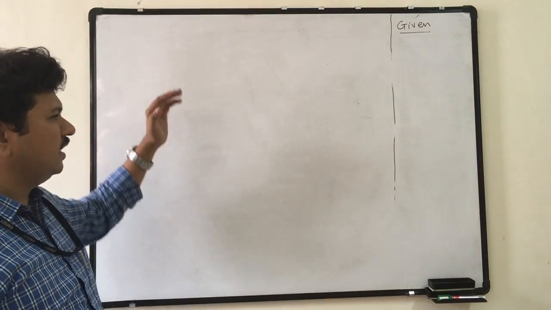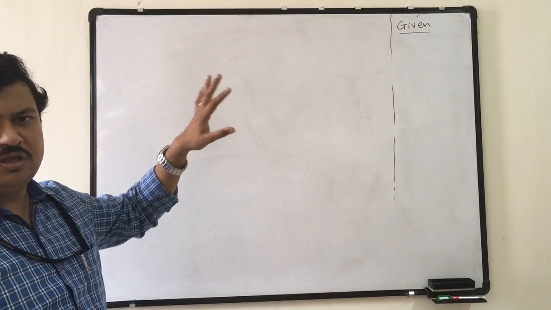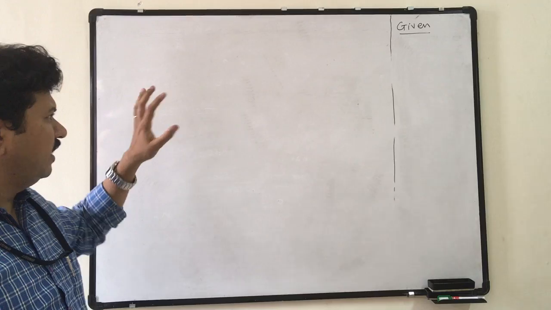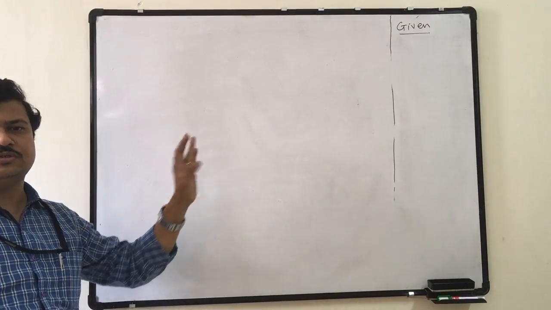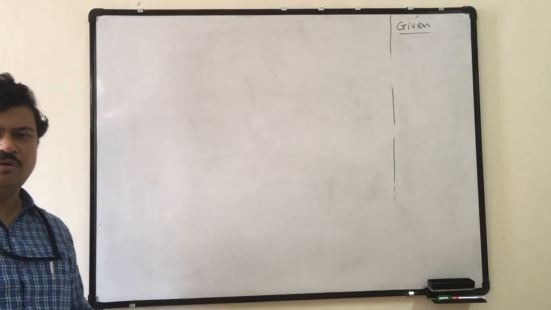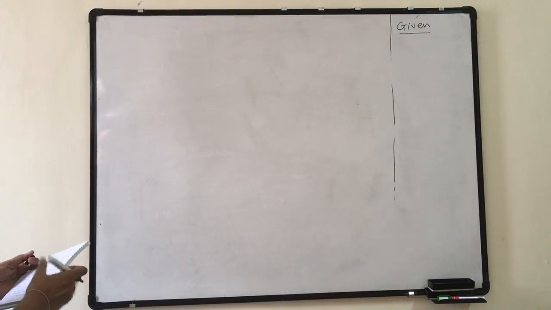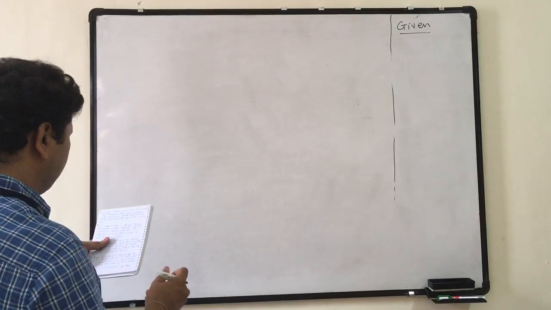Once you draw the circuit diagram and place all the given things there, it will be very easy for you to get to the solution. Immediately you will get to know what has to be done.